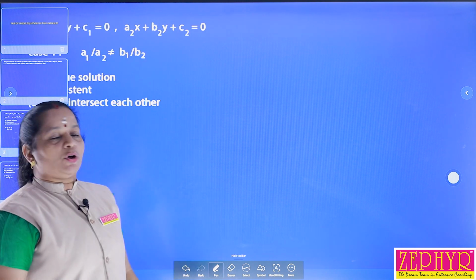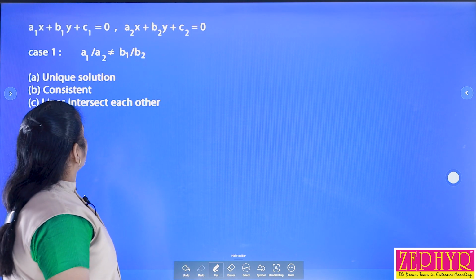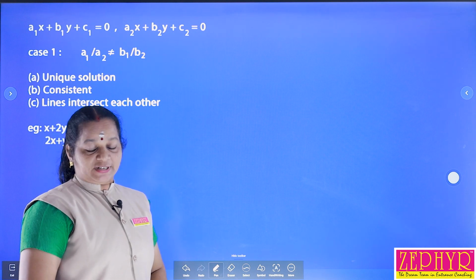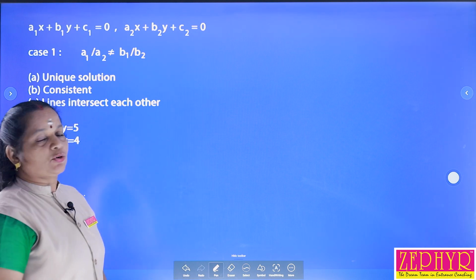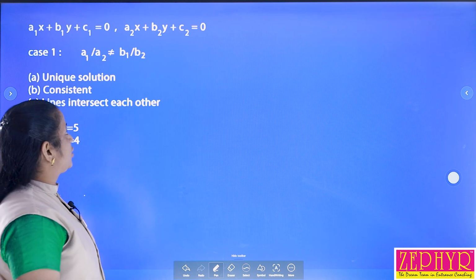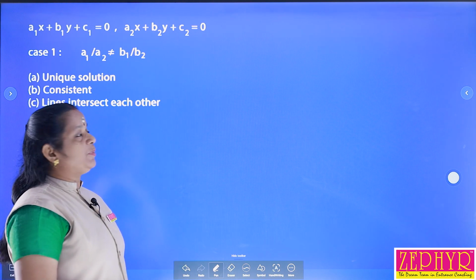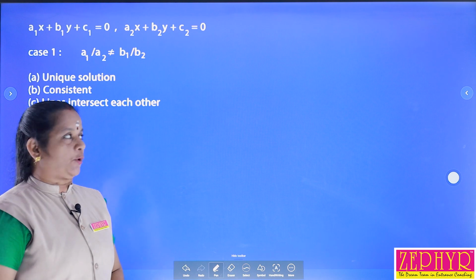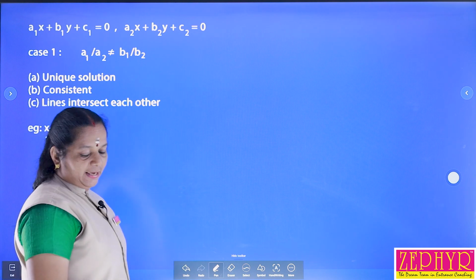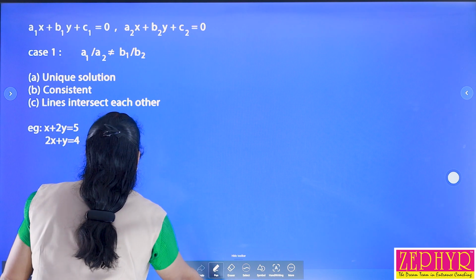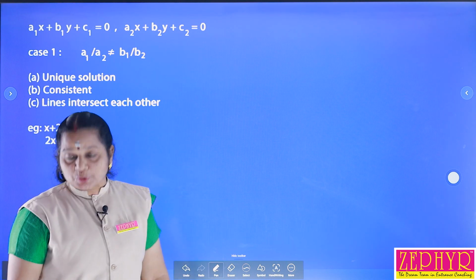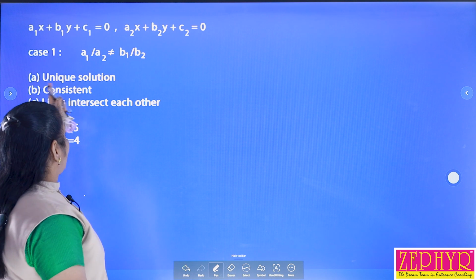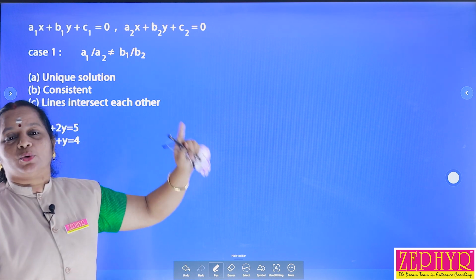So here we discuss an important topic. Consider two linear equations: a1x plus b1y plus c1 is equal to 0, and the other equation is a2x plus b2y plus c2 is equal to 0. In the first case, if a1 by a2 is not equal to b1 by b2, these equations have a unique solution.